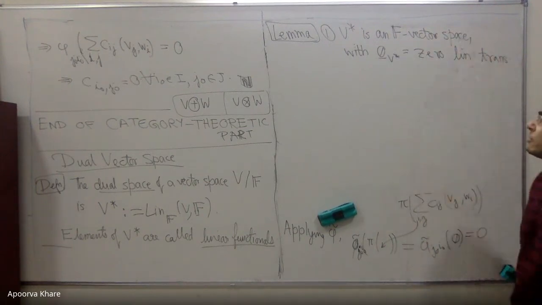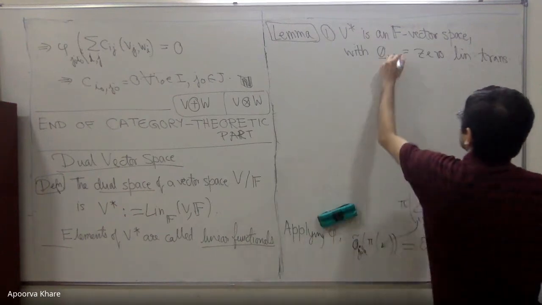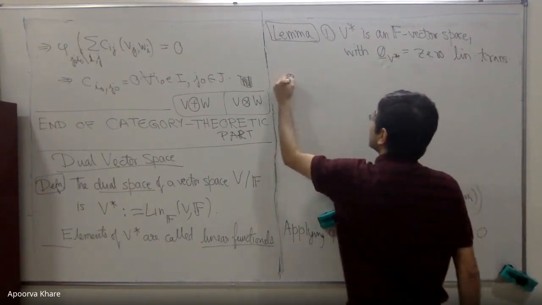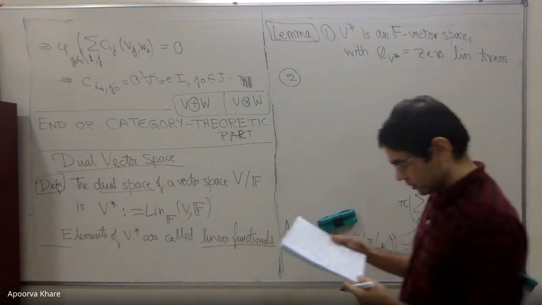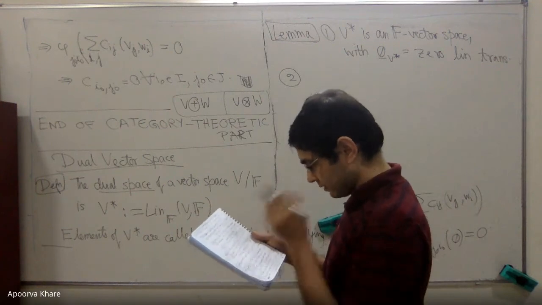The zero linear transformation is exactly the zero in the dual space, in V star. Secondly, let's look at the dimension. That's much later, so we'll do that later.